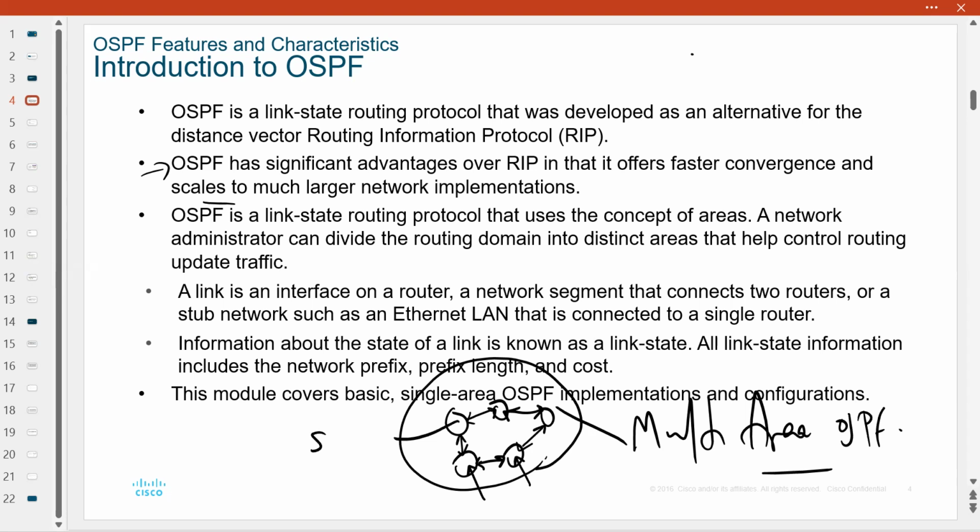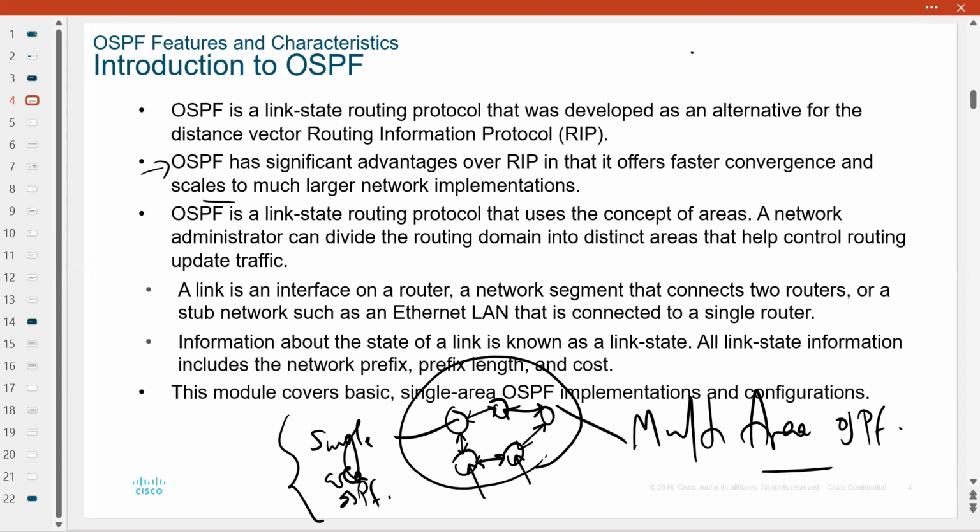This is a single area, only one area. This is single area OSPF, and that is what we will focus on. With multi-area, there is exchange of information between all the areas in the network, which we are not going to touch on.